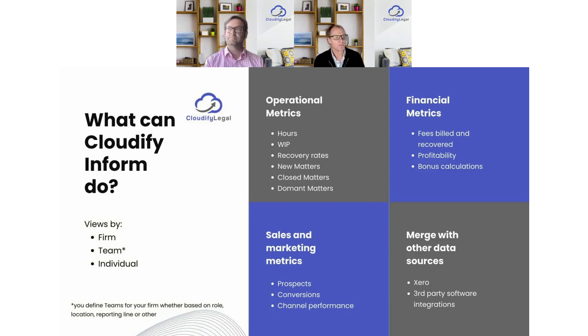Then things like profitability. Quite surprisingly, we've had quite a few inquiries from our client base who want to understand how they can profit share and calculate bonuses. The data is available, so we're able to do some pretty cool things, making that very simple reporting and a KPI set of metrics.